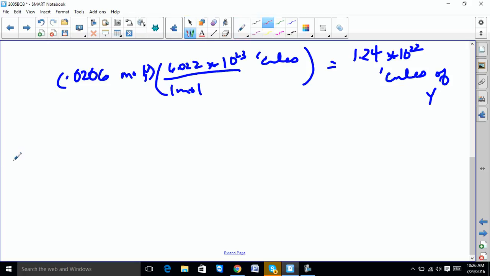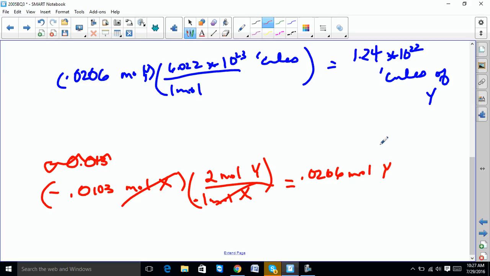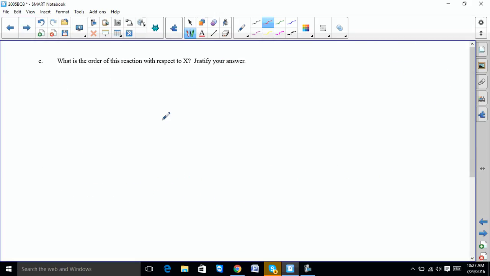What happens here is that X was going down, negative 0.0103 moles of X. And then according to the mole ratio, for every 1 mole of X, you get 2 moles of Y. A little bit cleaner form, and this is disappearing and that's appearing, and so that's why it ends up being this. But there's a lot of number sense on the AP exam, and if you can just explain it, they're usually fine. What is the order of reaction with respect to X?